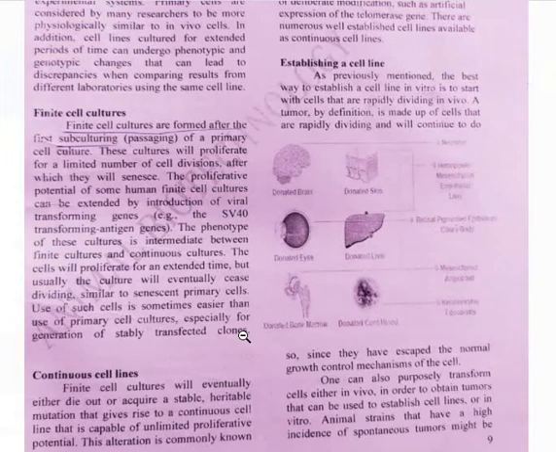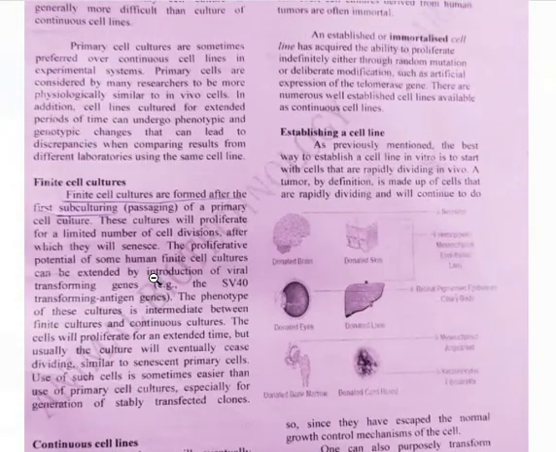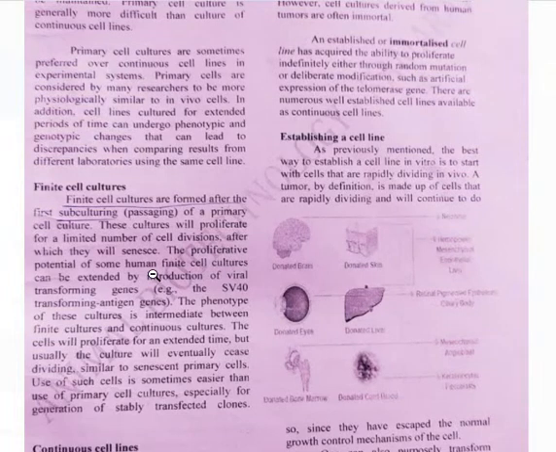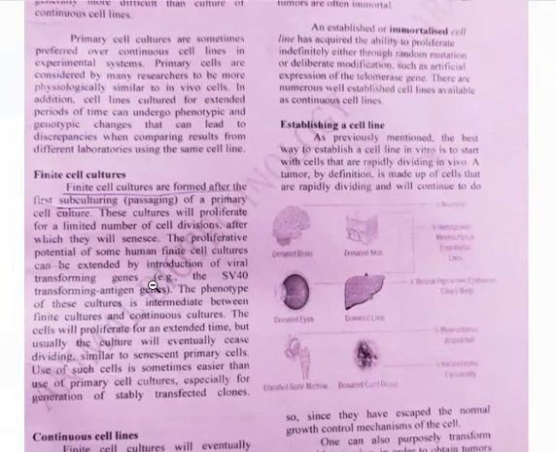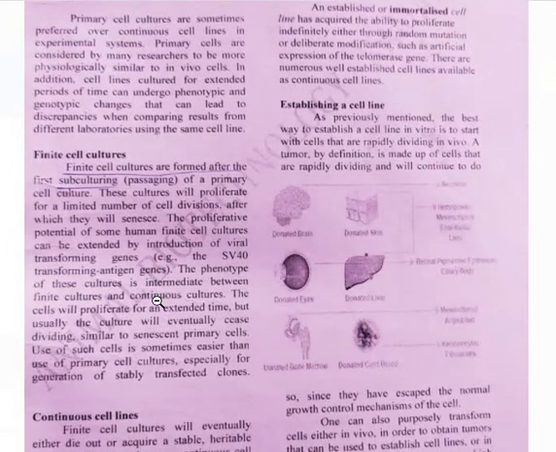Finite cell cultures are formed after the first subculturing or passaging of a primary cell culture. These cultures will proliferate for a limited number of cell divisions, after which they will senesce, that is, die. The proliferative potential of some human finite cell cultures can be extended by introduction of viral transforming genes, such as SV40 transforming antigens. So by transforming with the viral gene, you can extend the life of the particular cell.